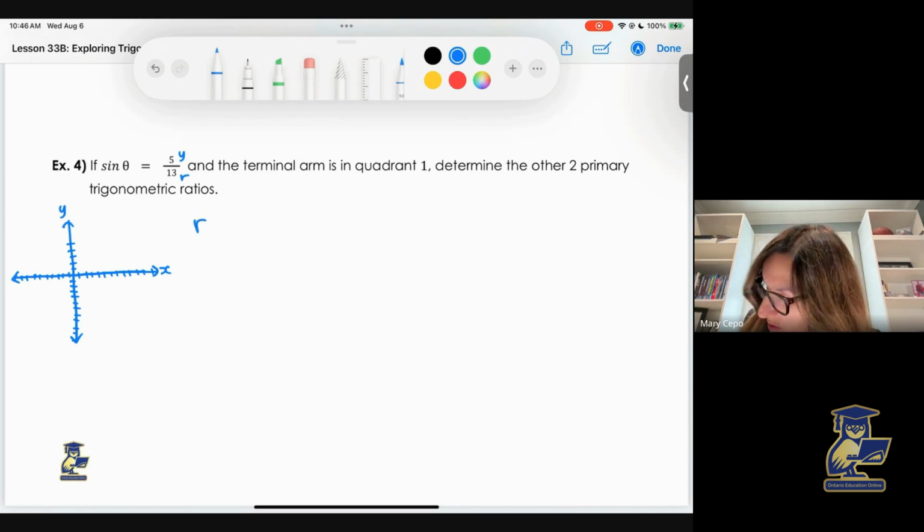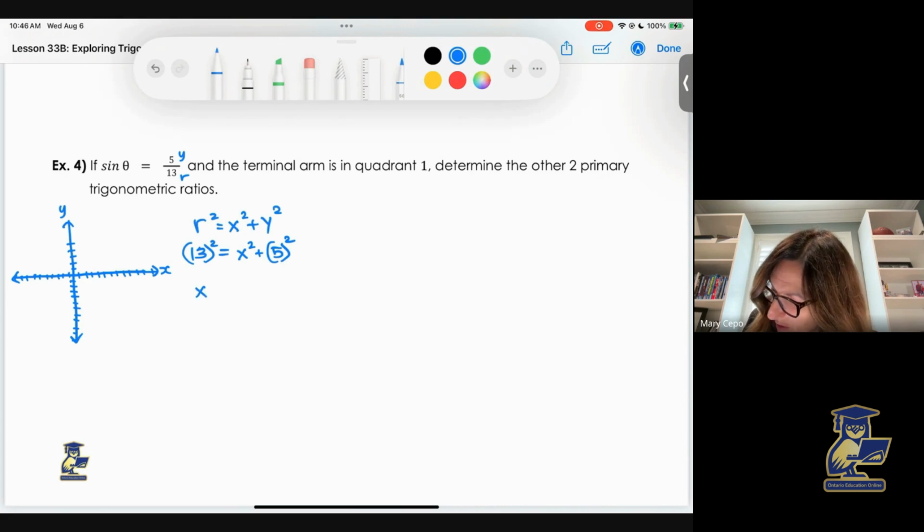So r squared is equal to x squared plus y squared, r is 13, x we don't know, and y is 5. If we isolate for x squared, it's 13 squared minus 5 squared. So x squared is equal to 169 minus 25, which is 144.